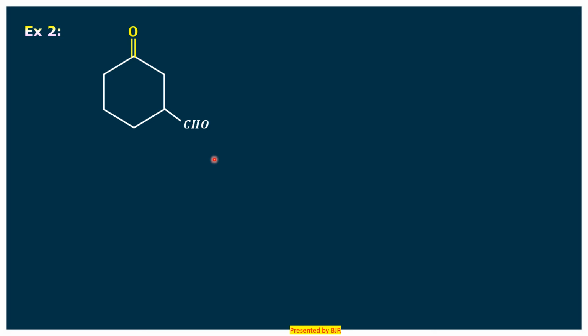Actually, according to the seniority table, the CHO functional group has higher precedence than C double bond O. But here, the carbon atom in this ketone functional group is part of the ring, so it should be taken as the principal functional group. And CHO should be treated as the substituent. We number the ring starting from the ketone carbon atom, clockwise.